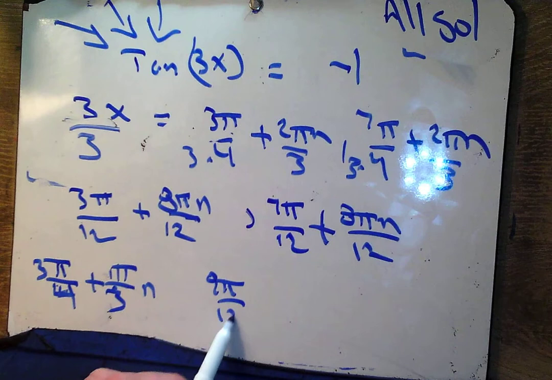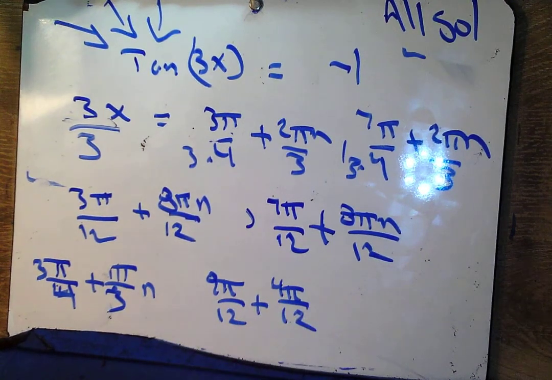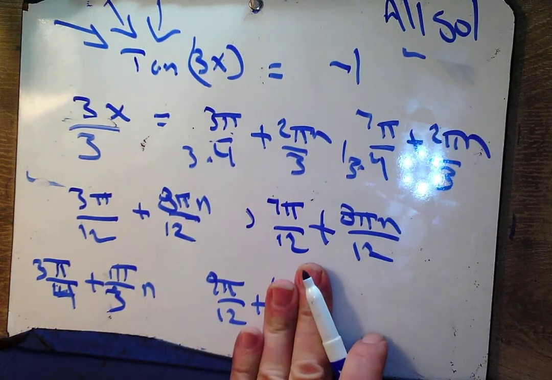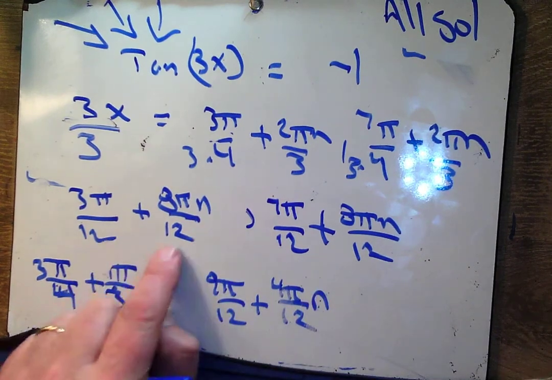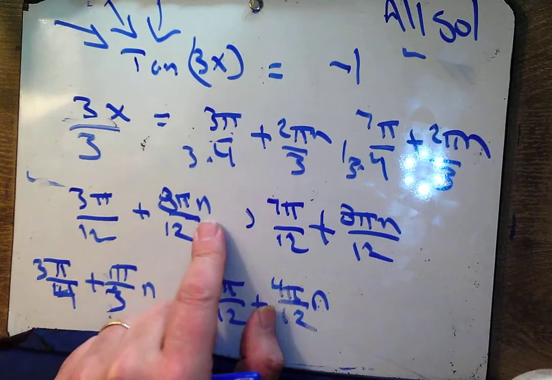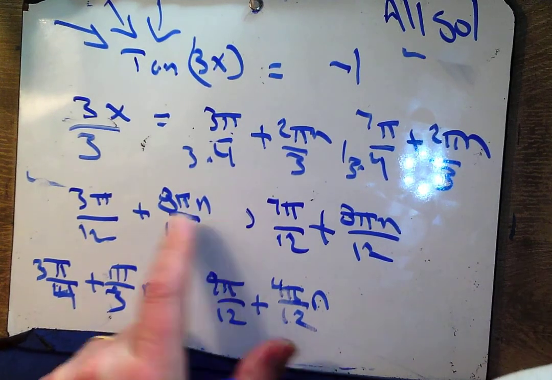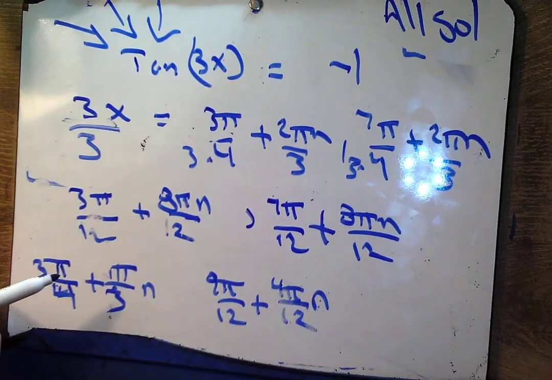It's 9 pi over 12 plus 4 pi n over 12. If I plug a 0 in here, I get 9 pi over 12. I can't get 9 pi over 12 with the other. If I plug in a 0 here, I get 3 pi over 12. If I plug a negative 1 in here, that's minus 8. That's minus 5 pi over 12. Yeah, I'm not getting the solutions.